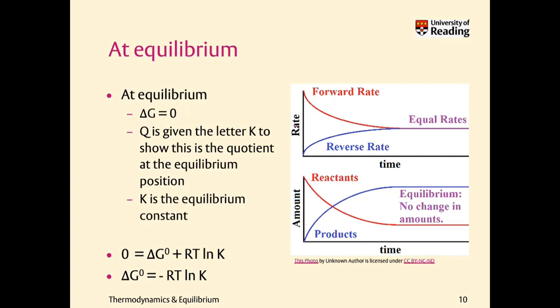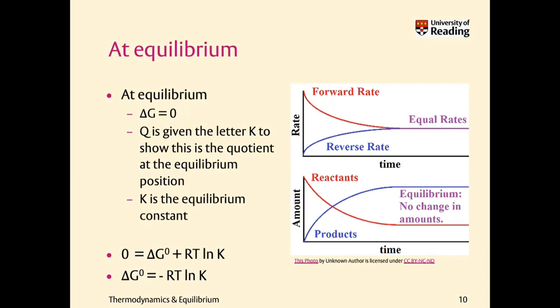But at some point, the rate of both the forward and the reverse reactions will equal, and that is where you have equilibrium. So if you see that as the amount of reactants and products that's formed, you get to a point where there are reactants present and products present, but the total amount of both is not changing.